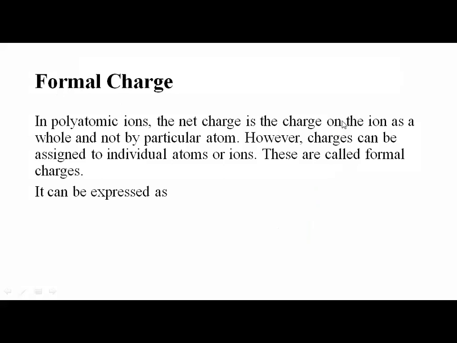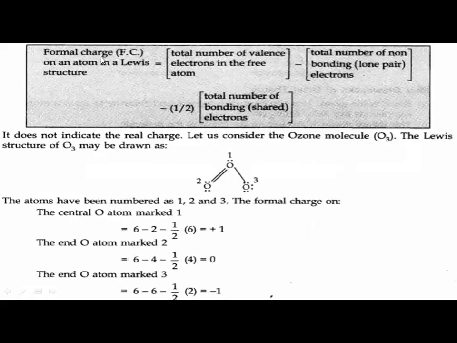Now, how to calculate formal charge? There is a formula. Formal charge, denoted as Fc, on an atom in a Lewis structure is equal to the total number of valence electrons in the free atom, minus the total number of non-bonding electrons, that means lone pair electrons, minus half the total number of bonding electrons.